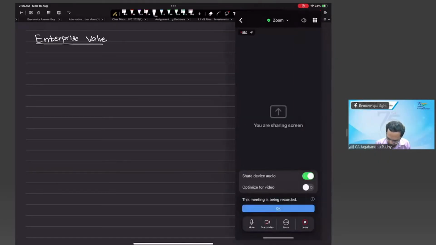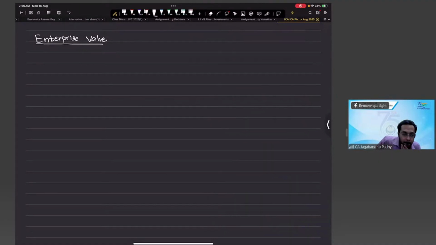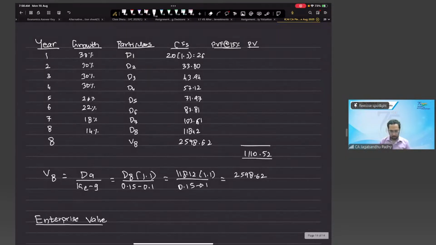So I have one clarity on the three-stage model. We need to continue to calculate the present value of that growth until the third stage, constant growth, begins. Yeah, until you have the stable growth rate coming in.